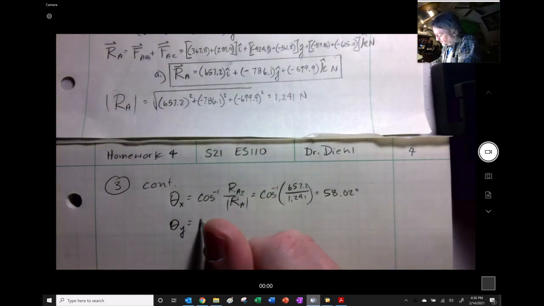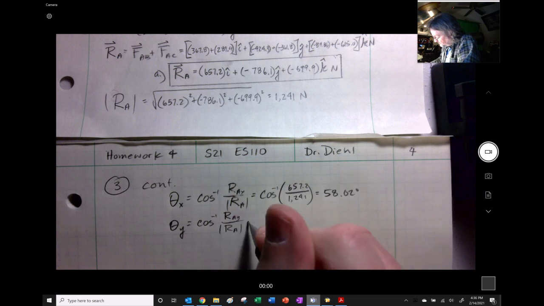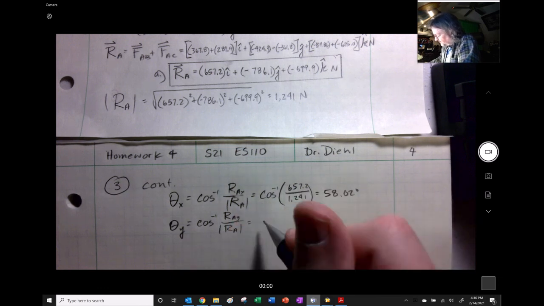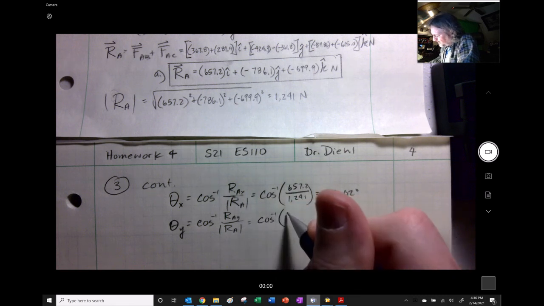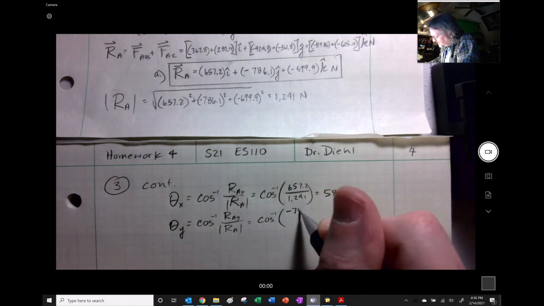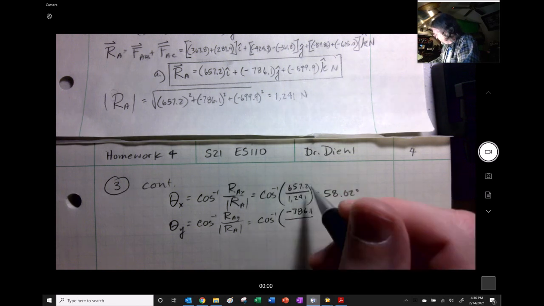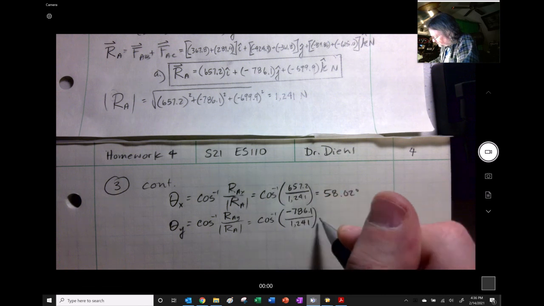Theta y is going to be the inverse cosine, I guess I'll keep writing it out, R_A y over R_A. That's not absolute value, this just means the magnitude, by the way. That's why I'm using it here. I'm going to go ahead and keep these as negative. I think it's technically the correct solution there. 1,241.